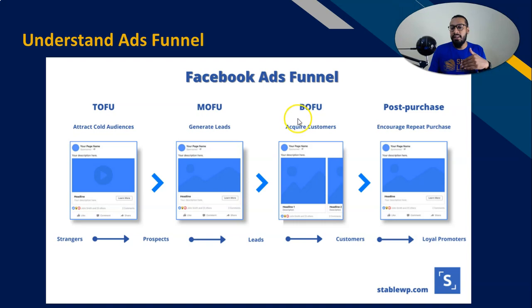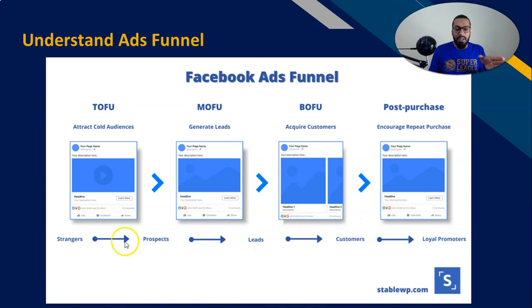And in the bottom of the funnel, you utilize that lead and you acquire that customer. You sell something to them, or whatever your marketing objective is, you acquire the customer by selling that product or service.